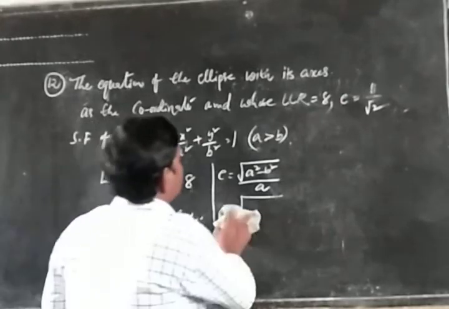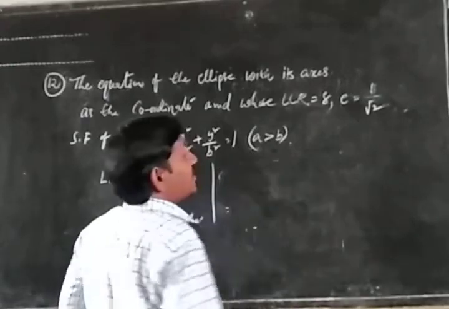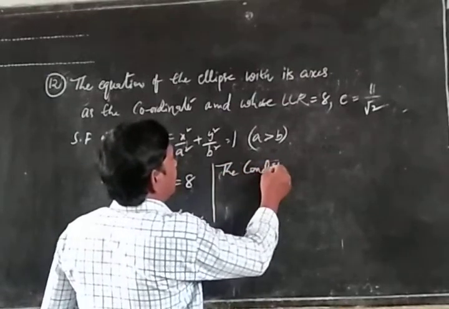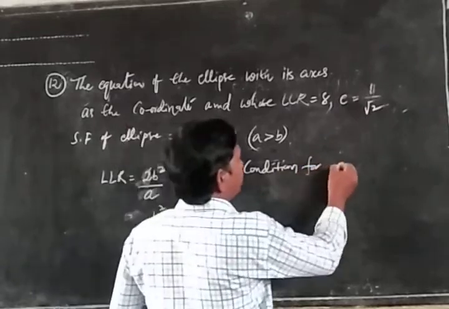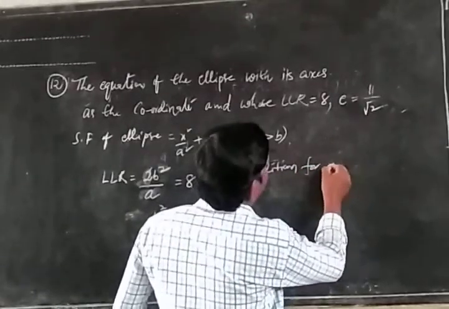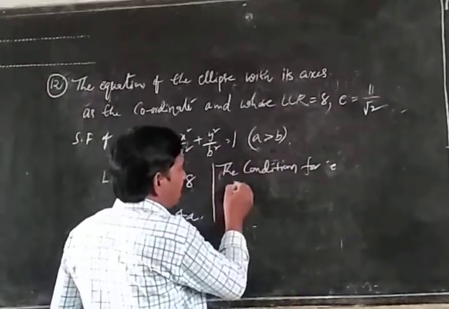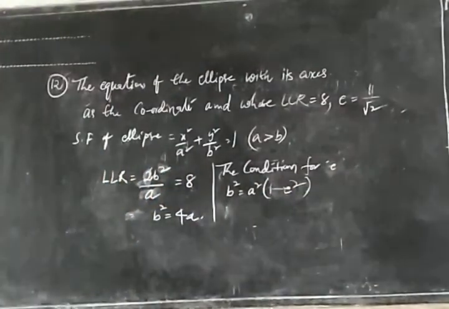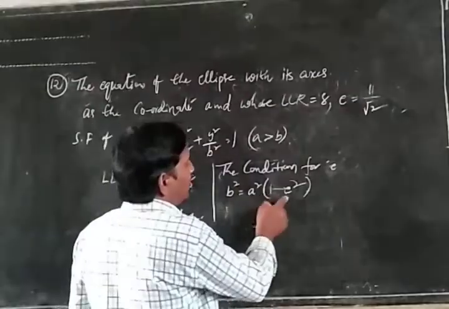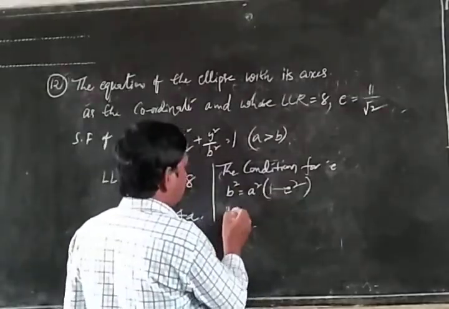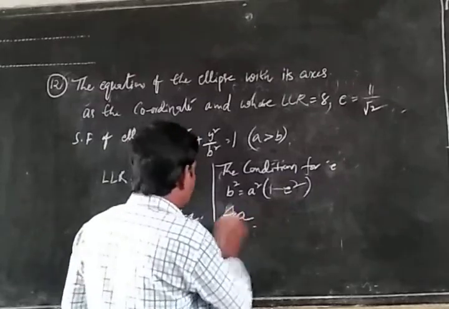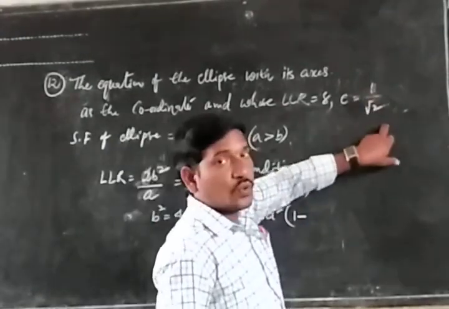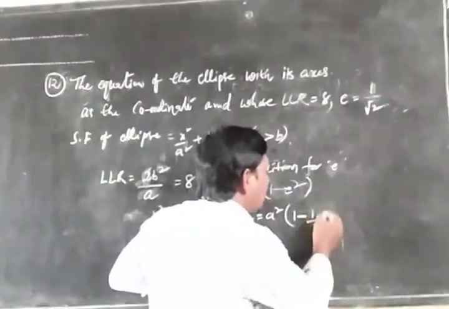So now there is no use writing that eccentricity formula. The condition for eccentricity: b square equal to a square into 1 minus e square. b square means 4a, so 4a equal to a square into 1 minus e square, e is 1 by root 2, e square means 1 by 2.